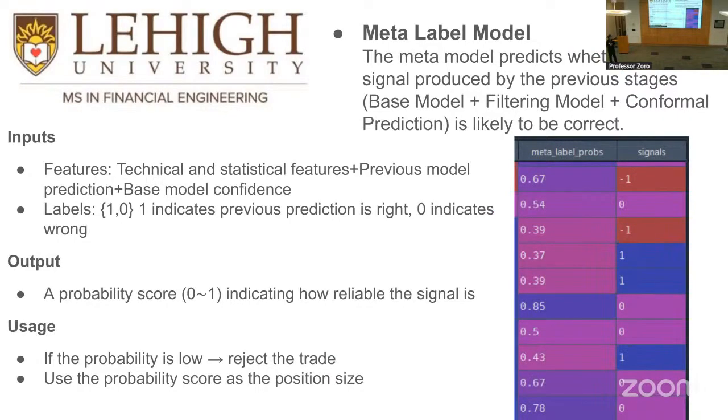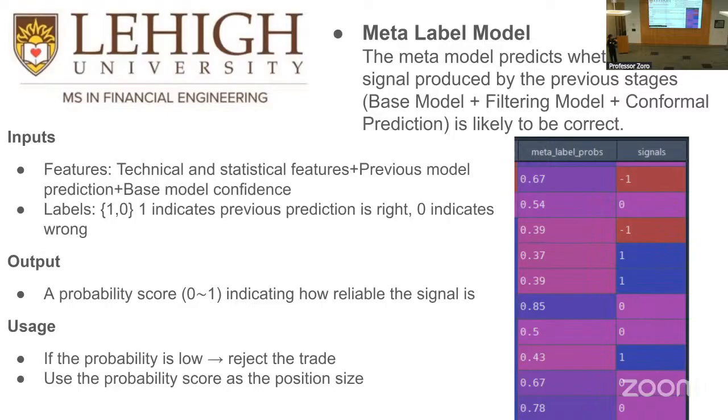Okay, after we get our final trading signal prediction, we want to know whether the signal is right or wrong. We want to know how reliable the signal is. So we build a meta label model. The meta label model predicts whether a trading signal produced by the previous stage is likely to be correct.